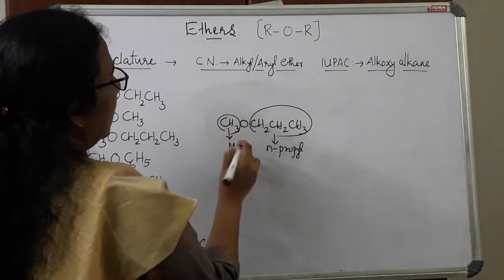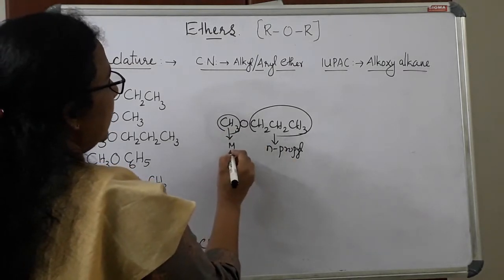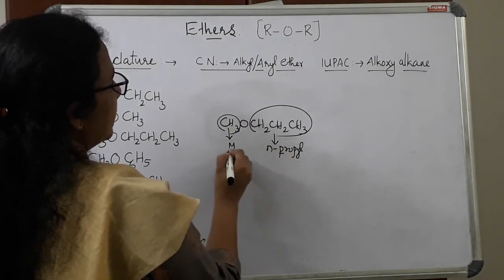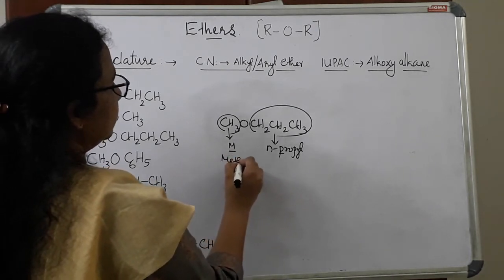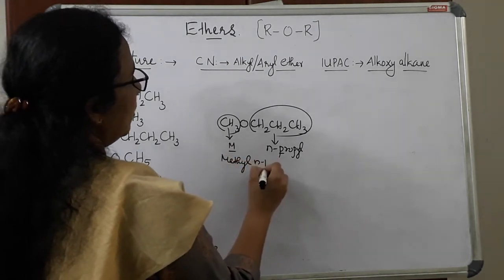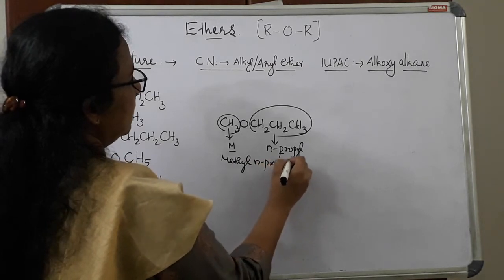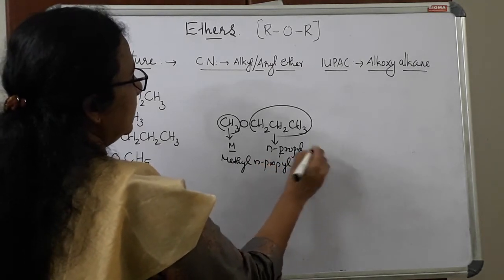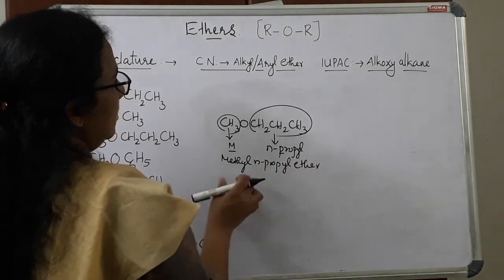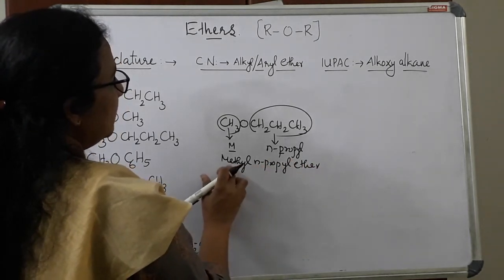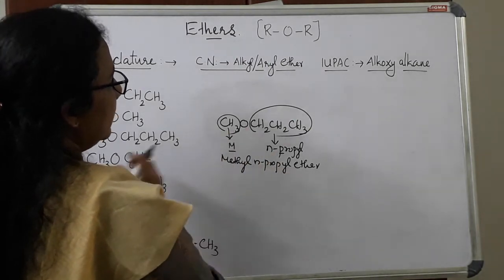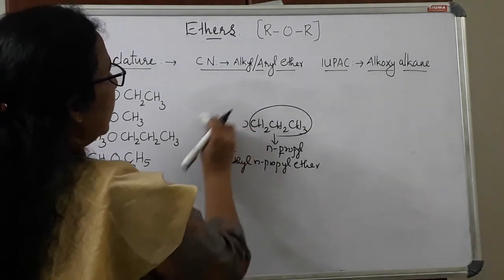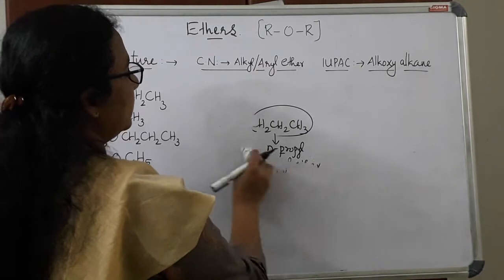So methyl and normal propyl, M and P. M comes first, so we will write methyl, normal propyl, ether. So it is alkyl ether, with two alkyl groups, methyl and normal propyl. Methyl normal propyl ether is the common name of this particular compound.